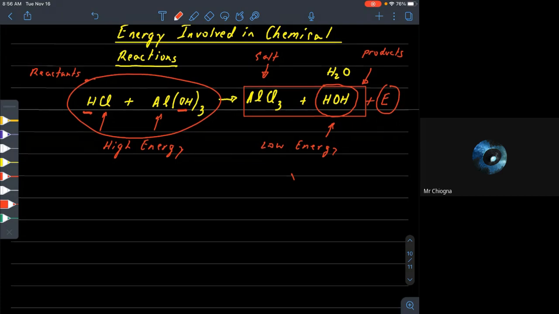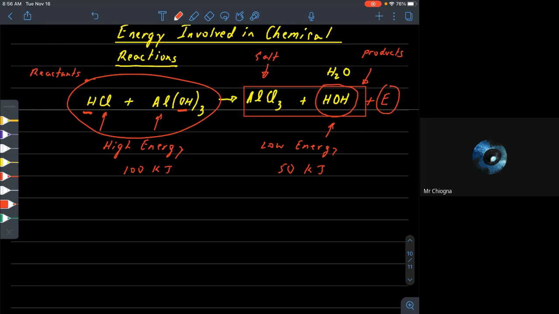What happened to the energy? I'm just making up these numbers, but let's say there was 100 kilojoules here, and you drop. You go from 100 to 50. What happens to that extra 50?